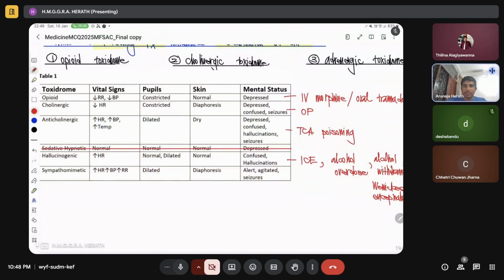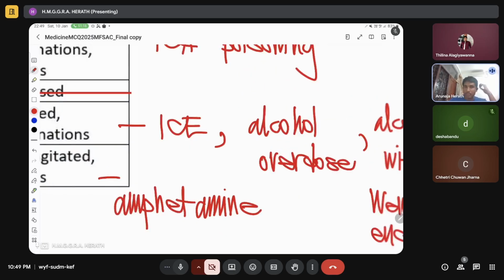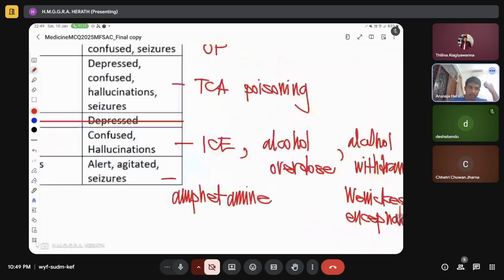Right? What is the drug that commonly leads to sympathomimetic toxidrome? Amphetamines, methamphetamine, painkillers. These commonly lead to sympathomimetic toxidrome.